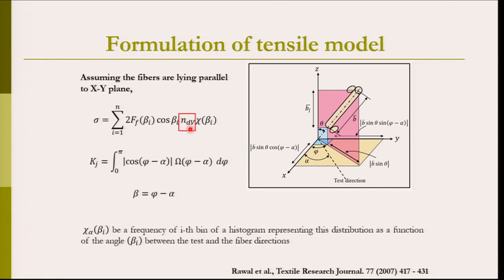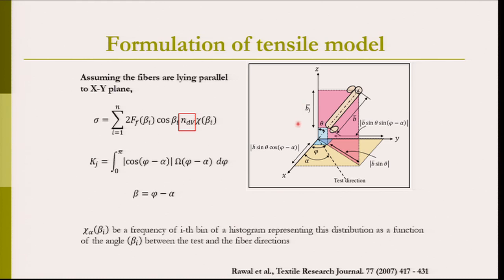So, in this case again you will see that we have to consider a mesodomain, how much is the load being transferred to the fibers and in what direction, and if this is the repeating unit, then we can actually calculate the total stresses experienced by the fibers in the whole fabric, because NdV again represents the number of fiber to fiber contacts in the mesodomain dV.